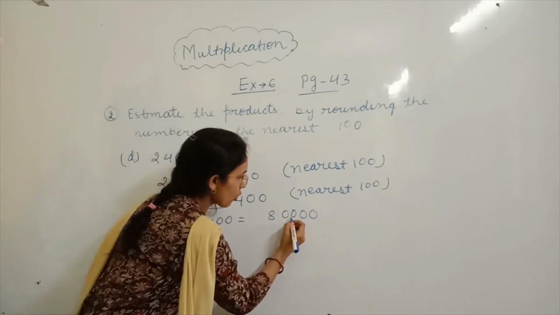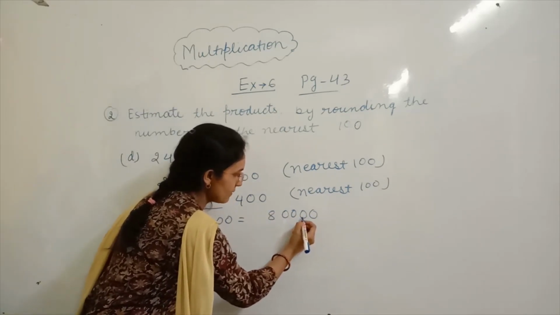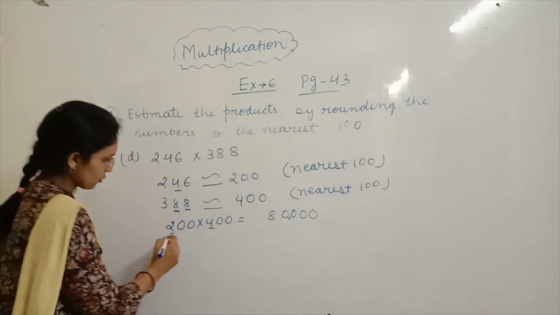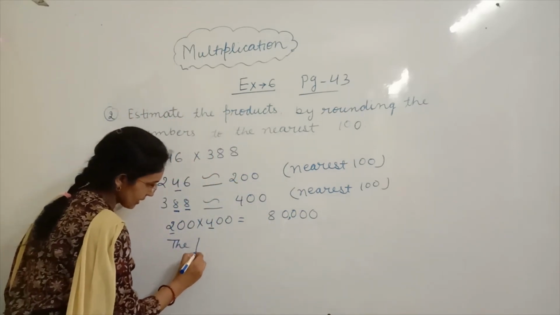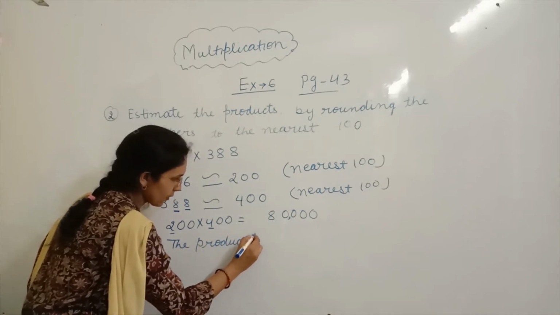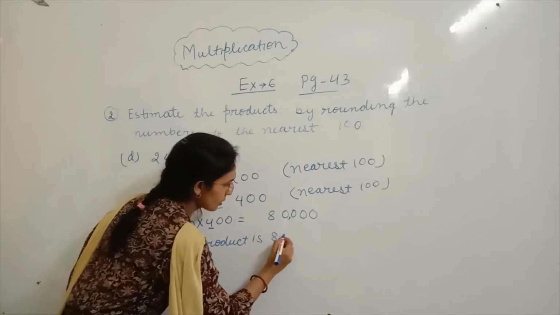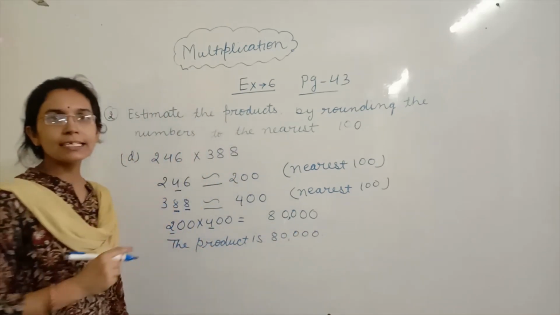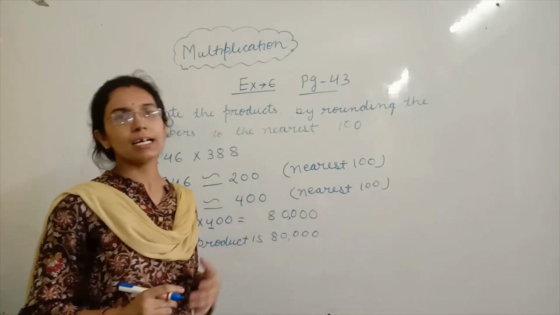Now we'll put the commas according to the place value. Ones, tens, hundreds. Your comma will be this. So the product is 80,000. Accordingly children, you can proceed to the other sums.